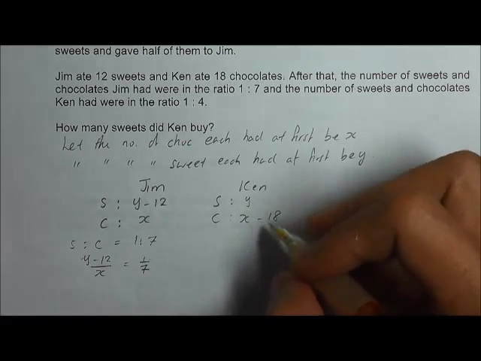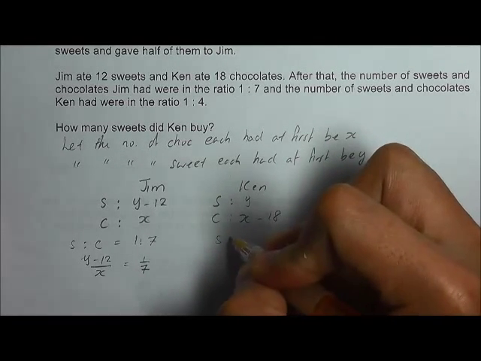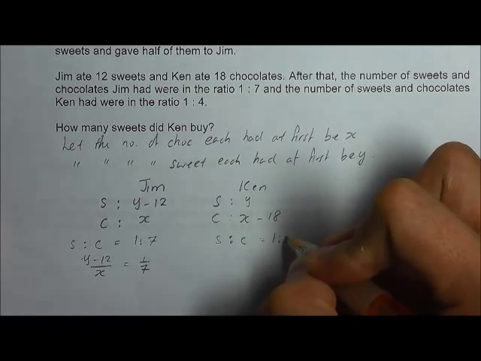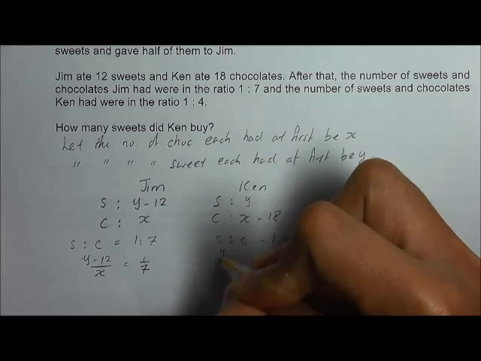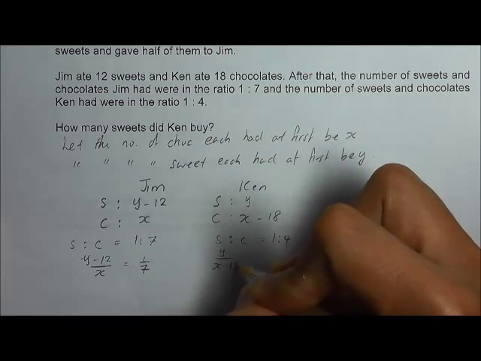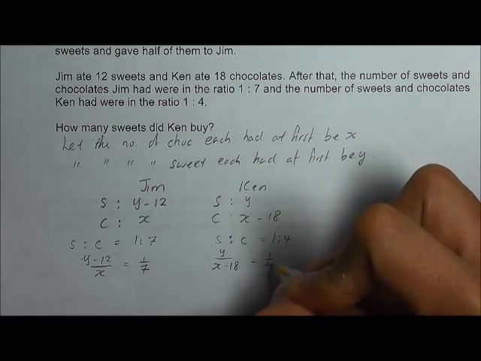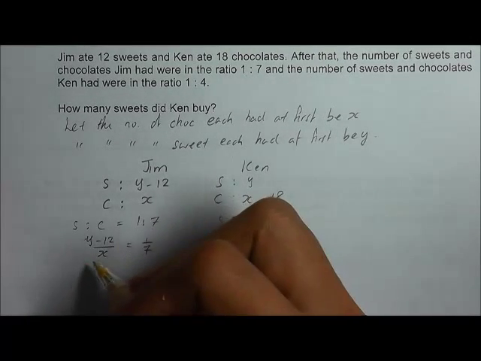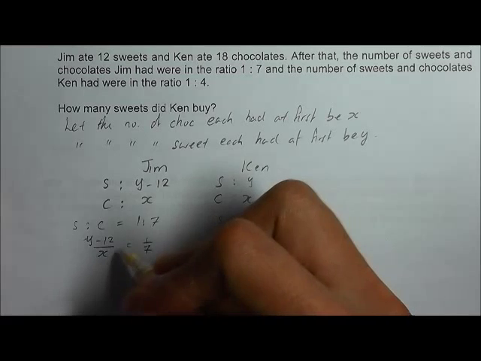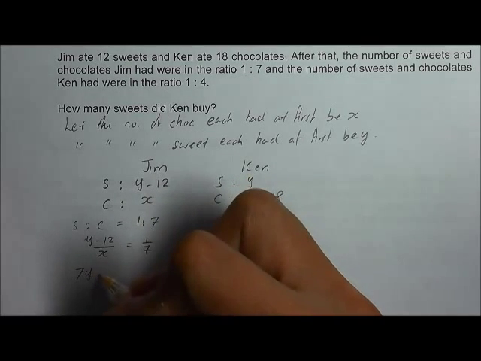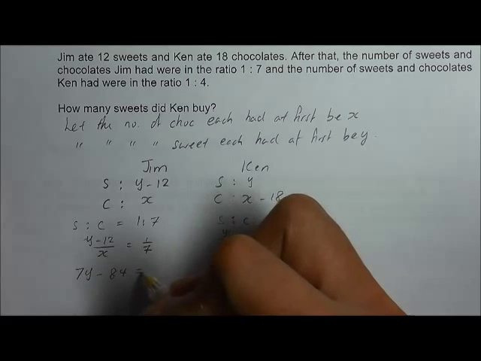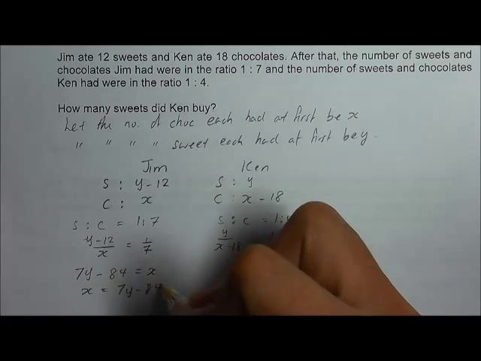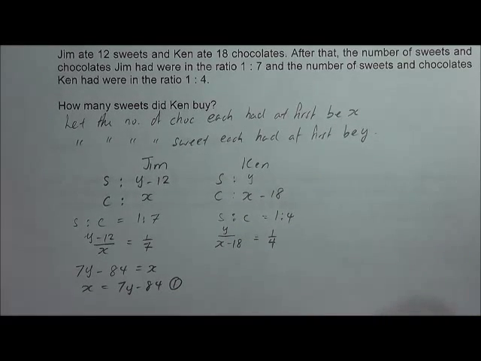Okay, and then for Ken, the ratio of sweets to chocolates is 1:4. So that means Y over (X minus 18) is equal to 1/4. So we can simplify both equations. For this, we do a cross multiply, we get 7Y minus 84 is equal to X. So X is equal to 7Y minus 84. This will be our equation 1.